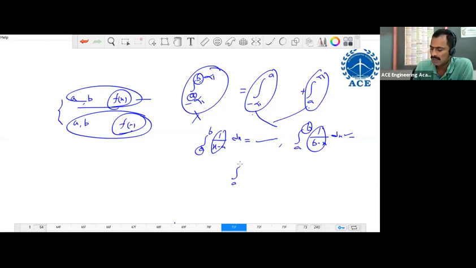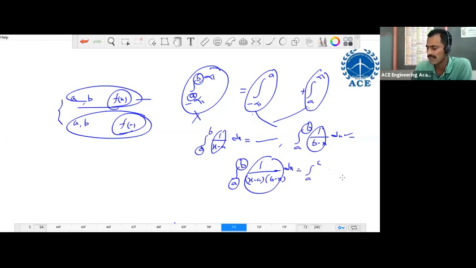Suppose integral a to b 1 by x minus a into b minus x dx. Now in this case, this total function is infinite at both endpoints of the interval. In this case, we write the integral as the sum of two integrals, integral a to c plus c to b, such that a less than c less than b. We check whether these two are convergent or not. If these two are convergent, this will be convergent.